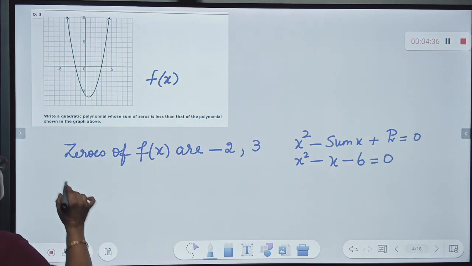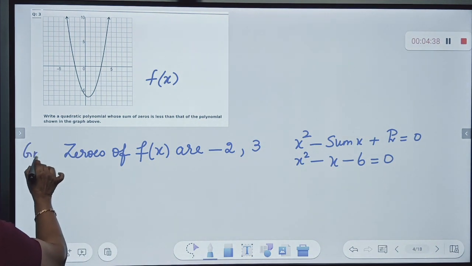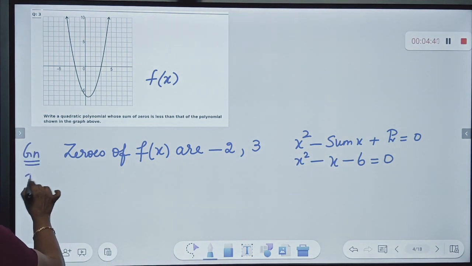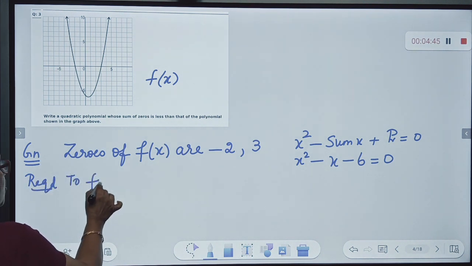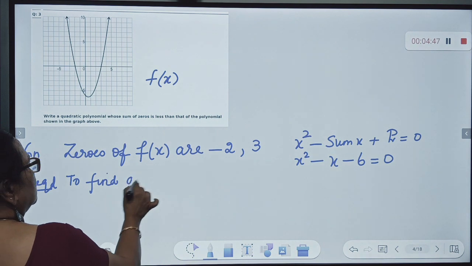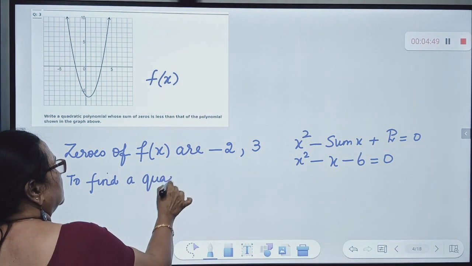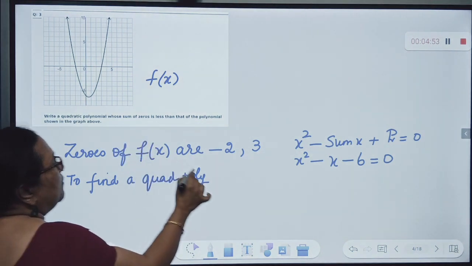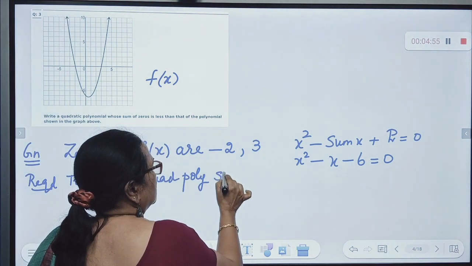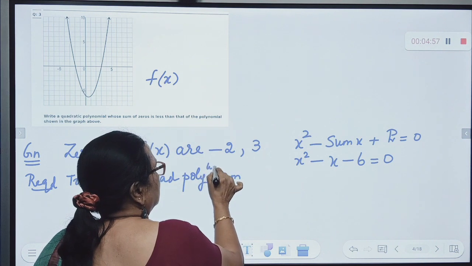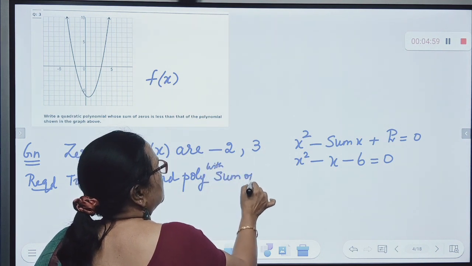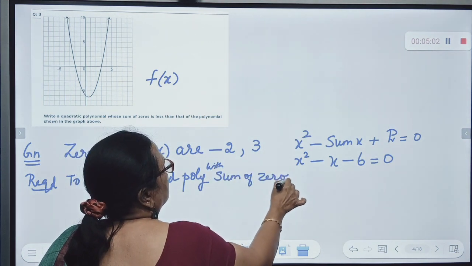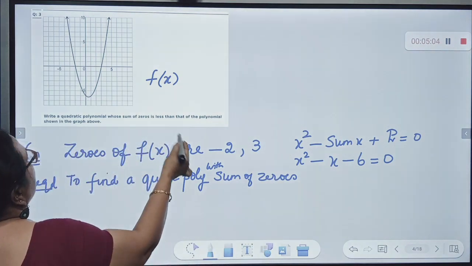Now, what is asked? This is given. What is required? You have to find a quadratic polynomial whose sum of zeros is less than that of the polynomial.